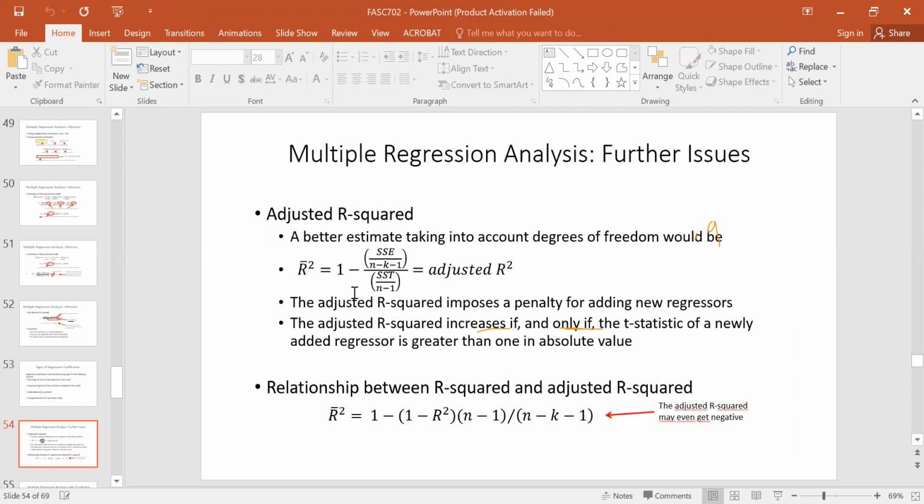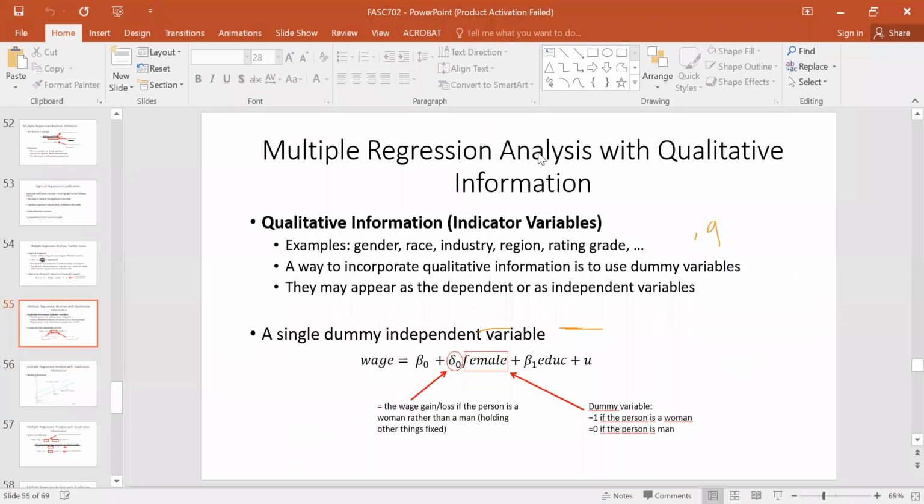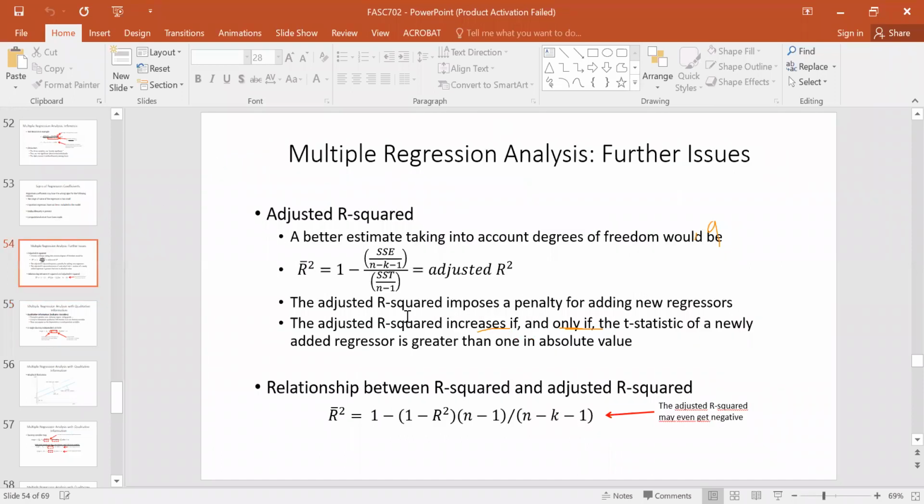Last time we learned about R square. Today I introduce what we call the adjusted R square. This is the formula for the adjusted R square.